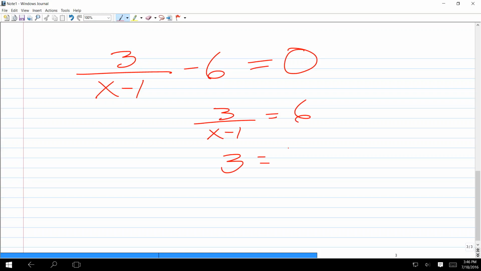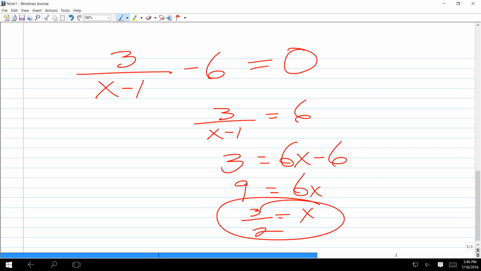Yeah, 3 equals 6 times x minus 1, 6x minus 6, if I'm going to go ahead and multiply it out. Okay, next line. Add the 6. So you get 9 equals 6x, divided by 6. Okay.